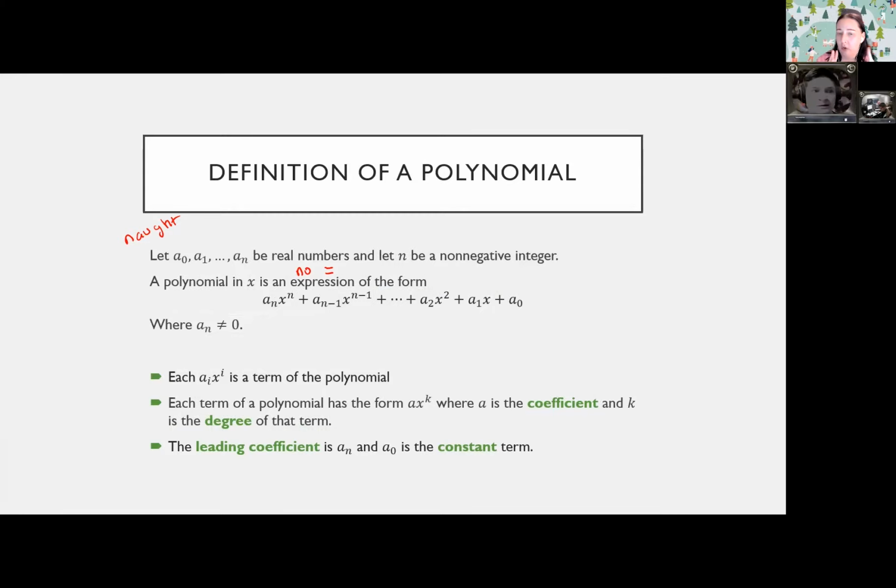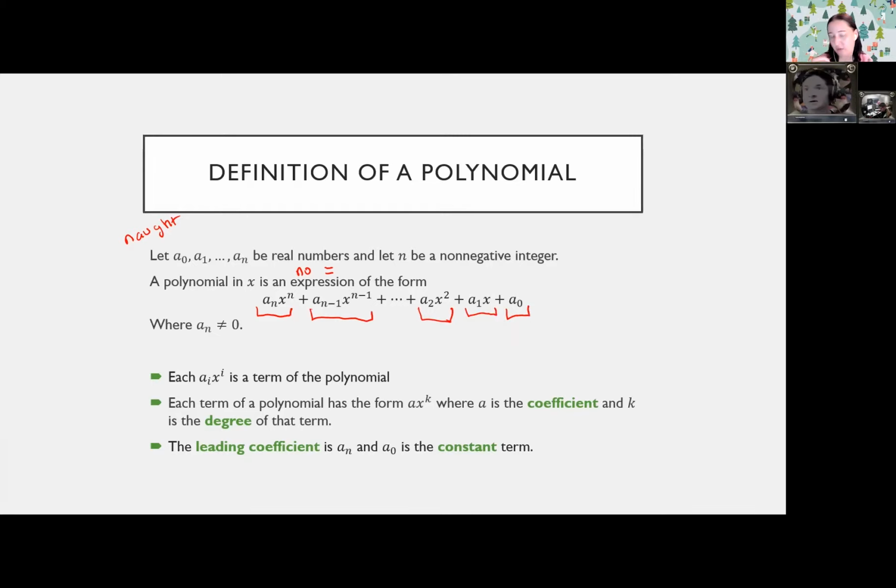Okay, so the degree of a term. We have this new word degree, and each term, which is the things separated by pluses and minuses. So this is a term, this is a term. Every term has its own degree, and that is what the exponent is.